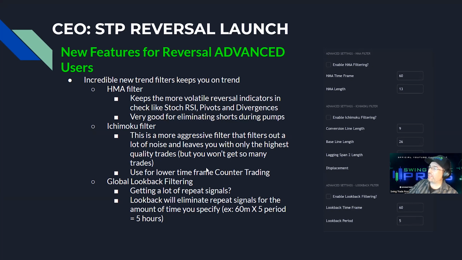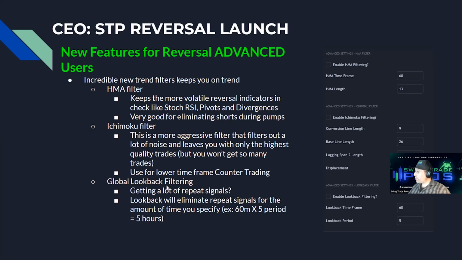This is really an aggressive filter. HMA to start, right? If it's still not doing the job for you, then move on to your Ichimoku filter. And that is going to really clear it up. Again, for those lower time frames, if you're trying to scalp, this is going to make a nice clean chart for you and still give you some good trading opportunities. So I recommend going in that direction.